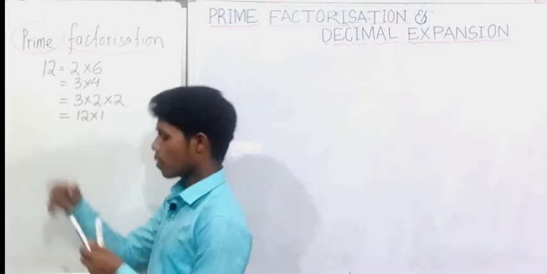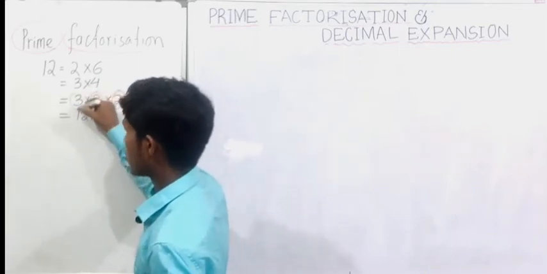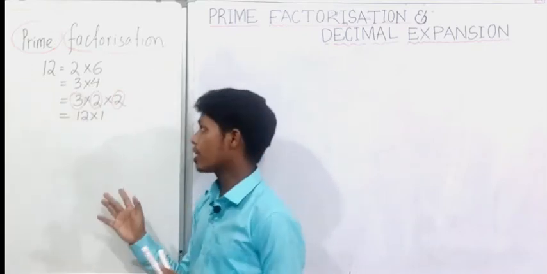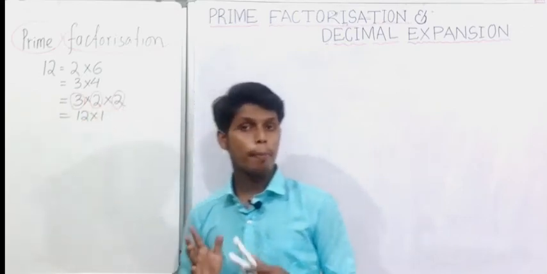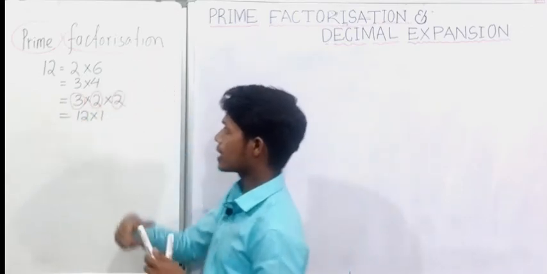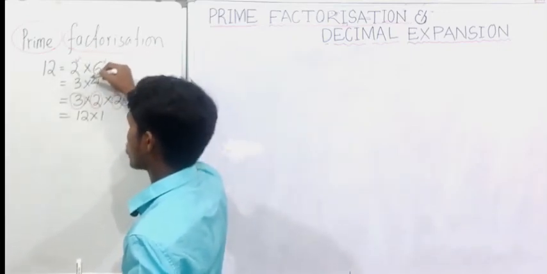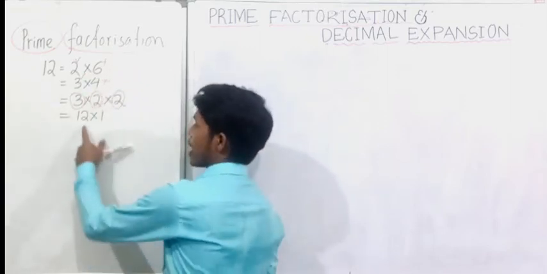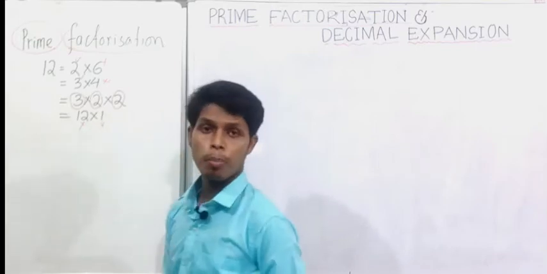The factorization which contains only prime numbers, that is this one, 3 times 2 times 2. Here each of the factors that we wrote, 3, 2, 2, is a prime. But in other cases you can see here 2 is prime but 6 is a composite one. Here 3 is prime but 4 is a composite one. And in the last case 12 is a composite one and 1 is neither prime nor composite.